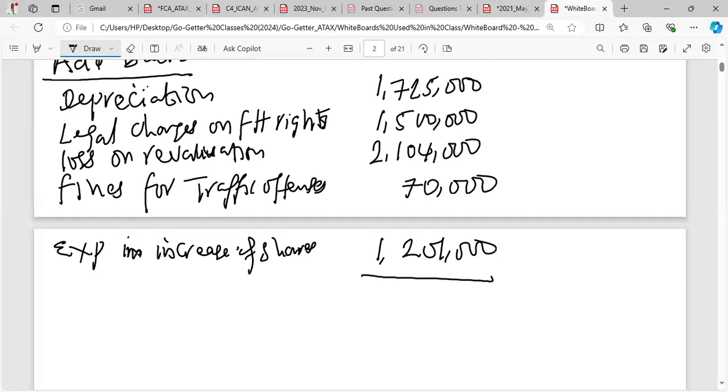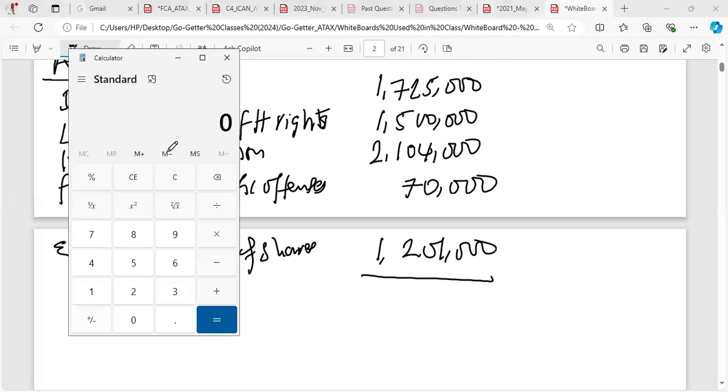So let's bring our calculator out now. 1,725,000, I will leave the thousands for now, plus 1,500 plus 2,104 plus 70 plus 1,201. Now that will give me 6,600,000. I will write it down here.